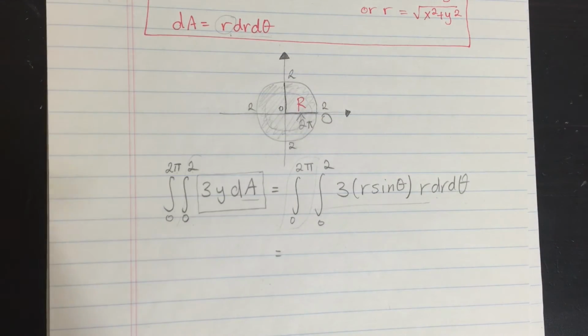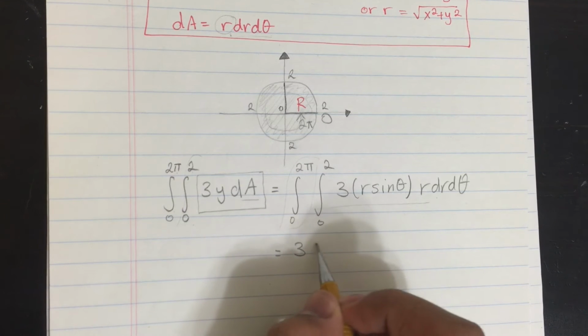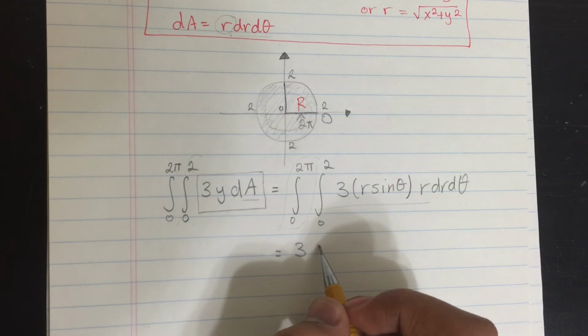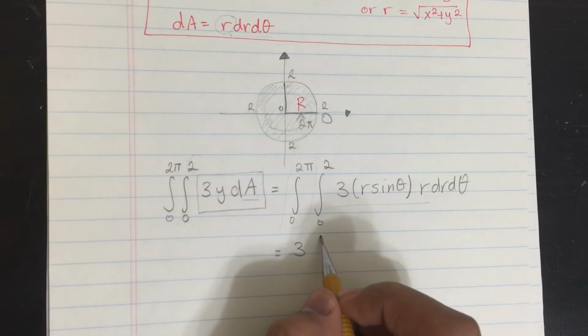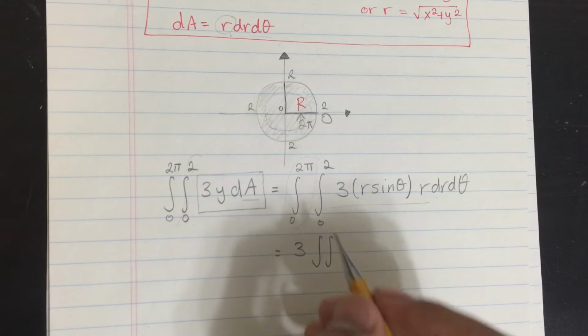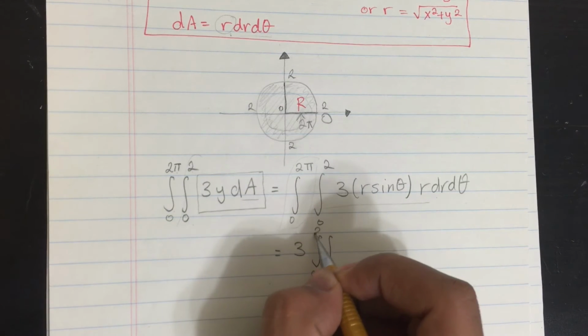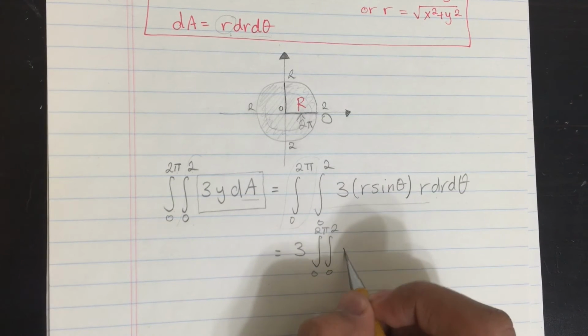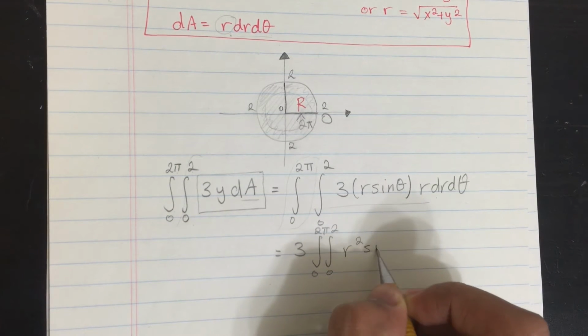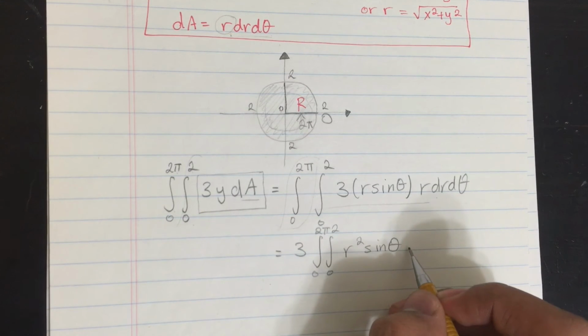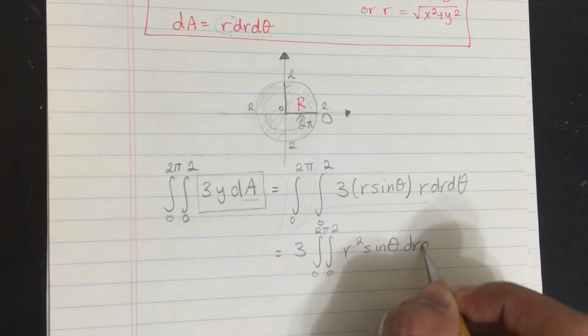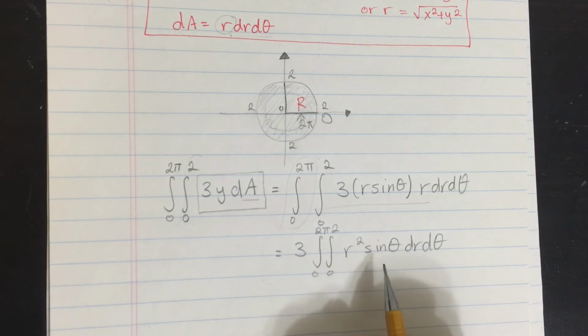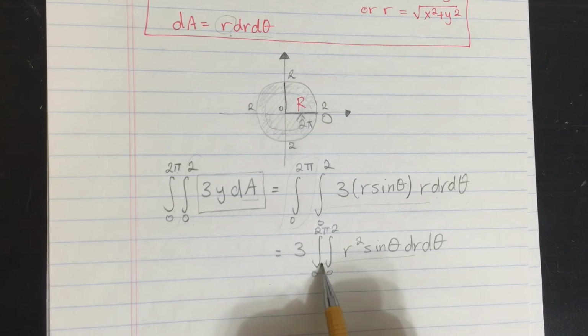So we have 3 as a constant of integration. Then we can integrate, and I'm going to be doing all the intermediate steps, from 0 to 2 pi, 0 to 2, r squared sine theta dr d theta. So we're doing this first.